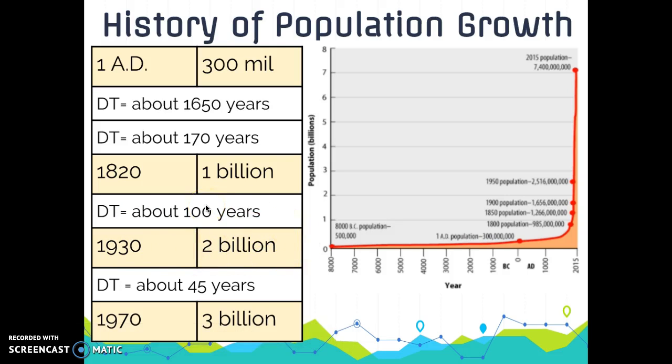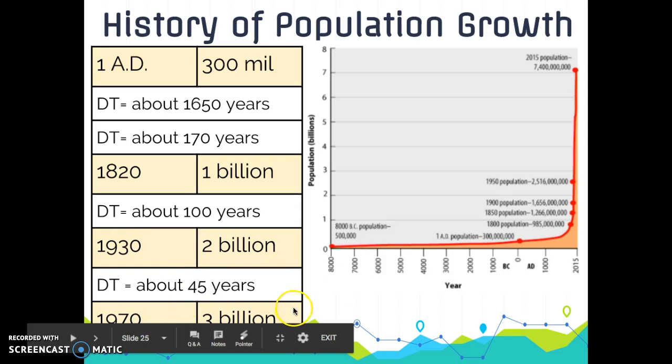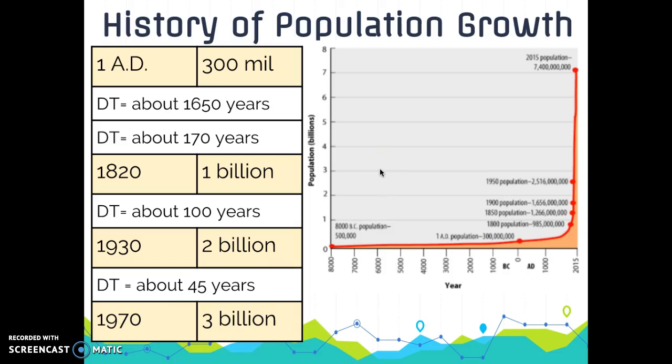Then our doubling time decreases drastically. And you can see that it was decreasing each time, each billion that we hit, right? But it decreases drastically after 1930. And so in about 45 years, 1970 to 1975, our population kind of explodes to 3 billion.